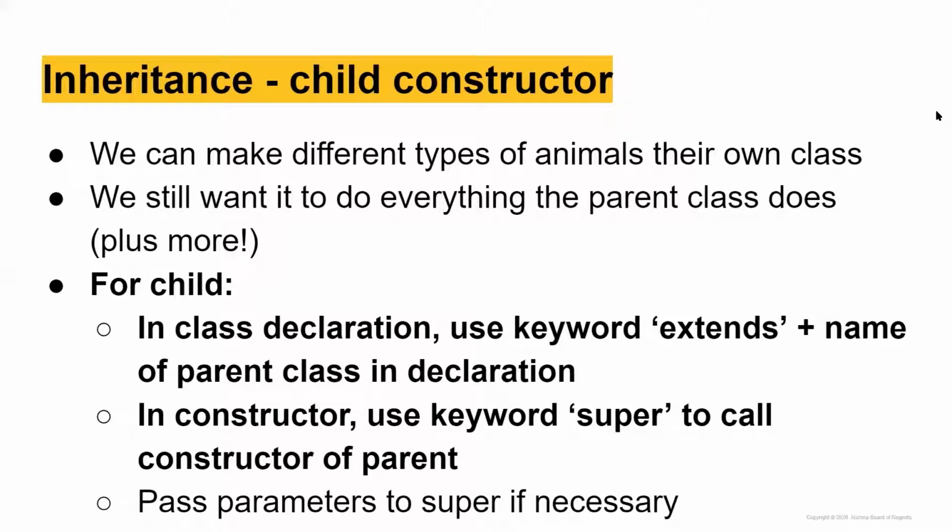So you'll see what I mean in a second. And we can pass parameters to the super call if necessary, because super is just the constructor of the parent. We just call it super to clarify that it is the class that we're deriving from.